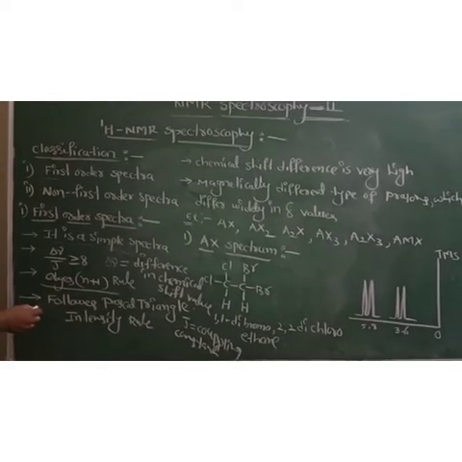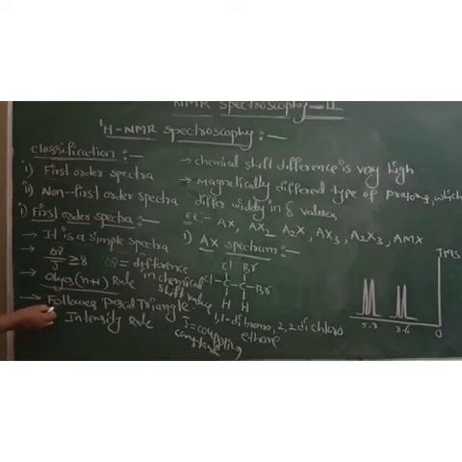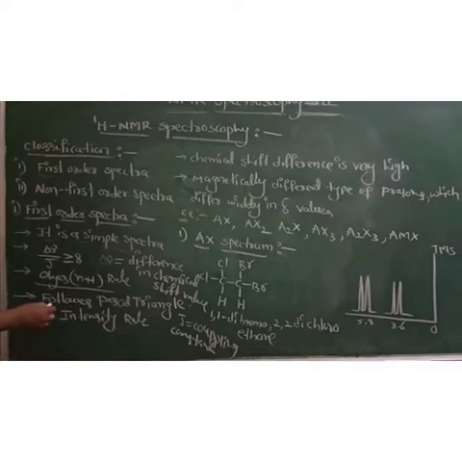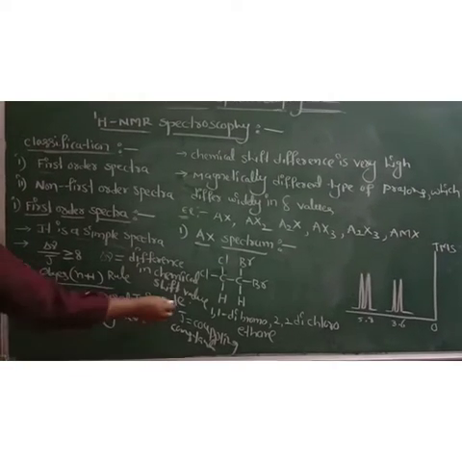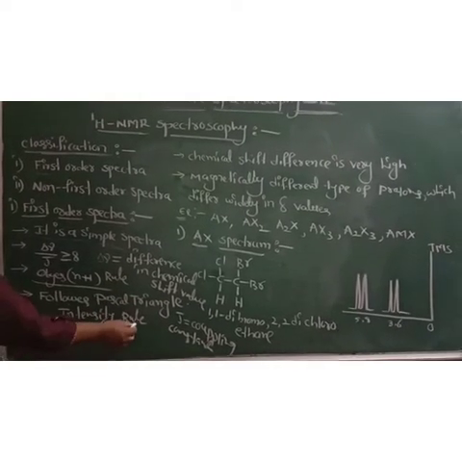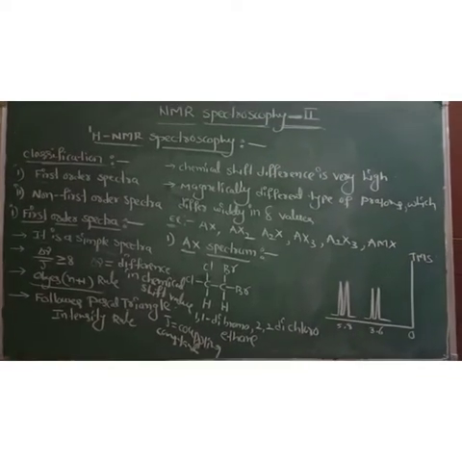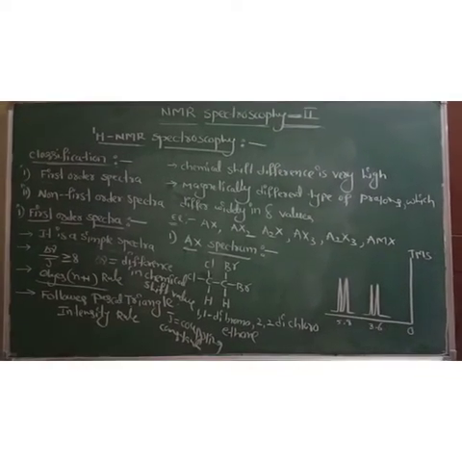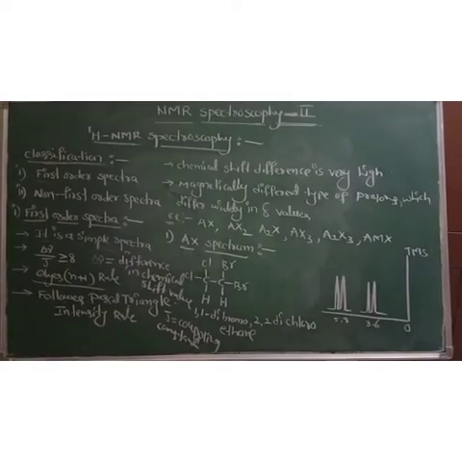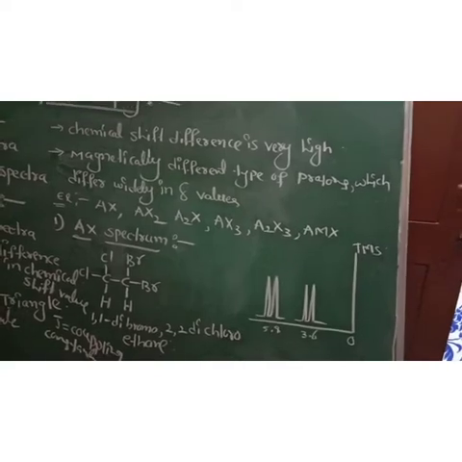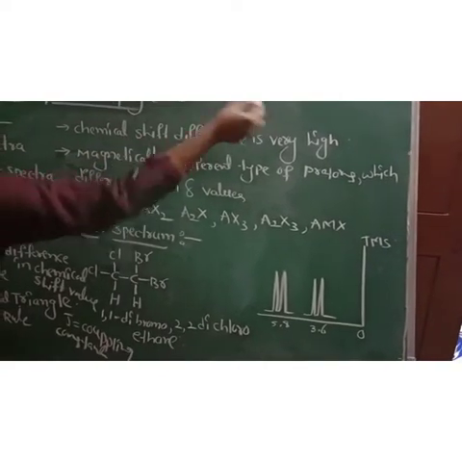Also, this first order spectra follows the Pascal triangle intensity rule, which explains the ratio of intensity between the different peaks in the signal. Next, in this first order spectra, the chemical shift difference is very high.